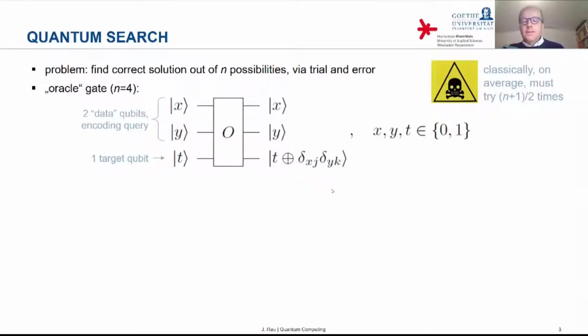What you add is the product of two Kronecker deltas, delta x j and delta y k, where j k label the correct solution. So if our data qubits x and y coincide with the correct solution, j k, then the target qubit is flipped.